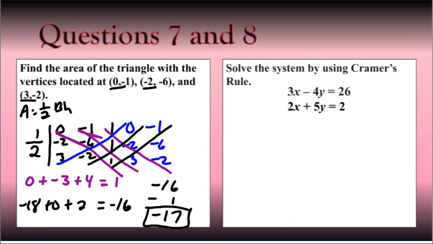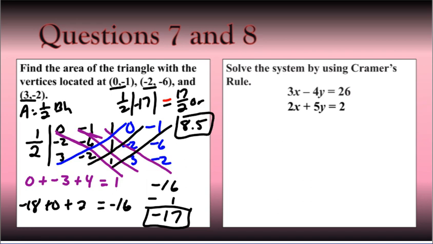Now that we have negative 17 as my determinant, I'm going to take the absolute value because I can't have negative area. So the absolute value of negative 17 is 17. Multiply that by 1/2 and I get 17 halves, or 8.5.